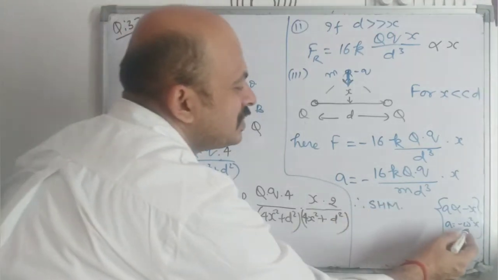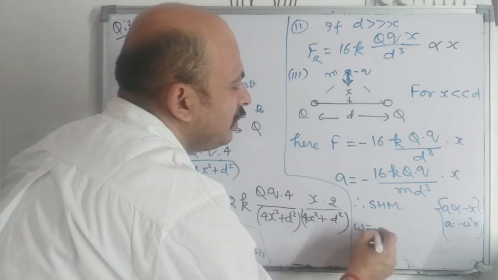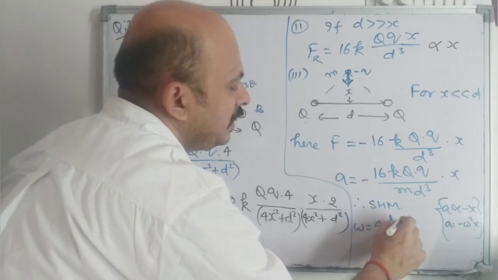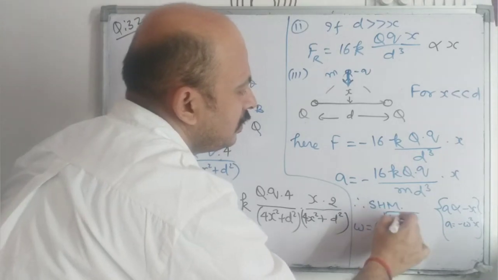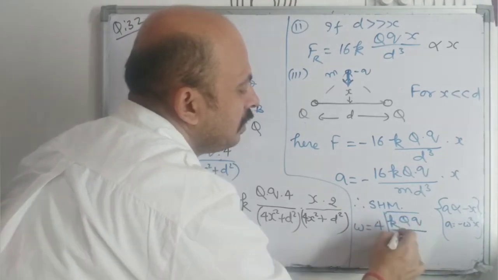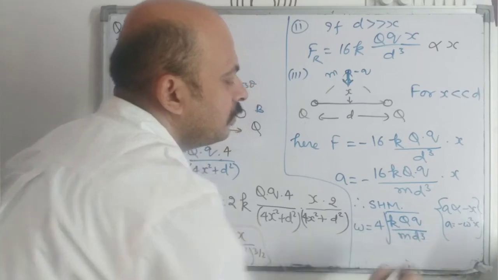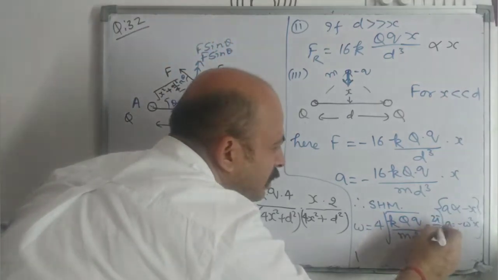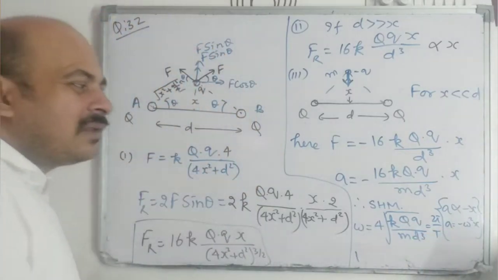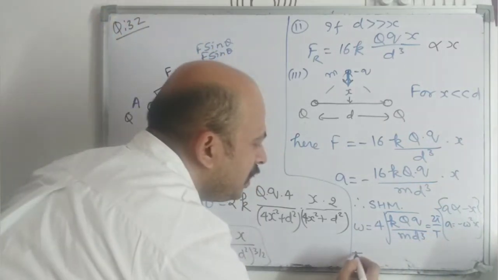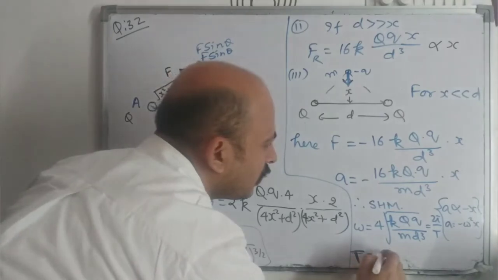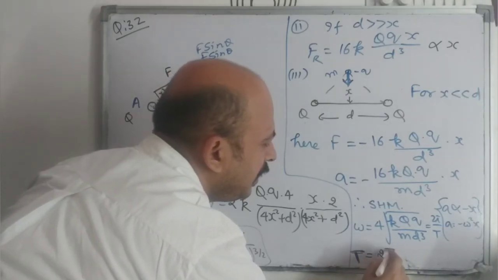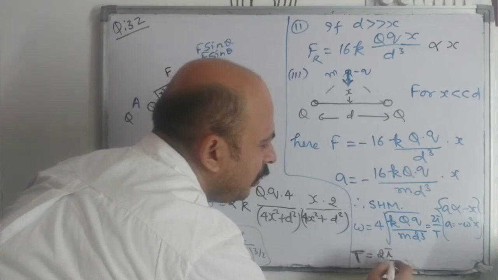If you compare this, omega will be equal to 4K capital Q small q upon md cube, and omega is 2 pi by T. So to calculate the time period, T will be equal to 2 pi upon omega.